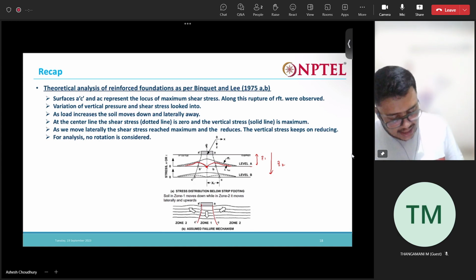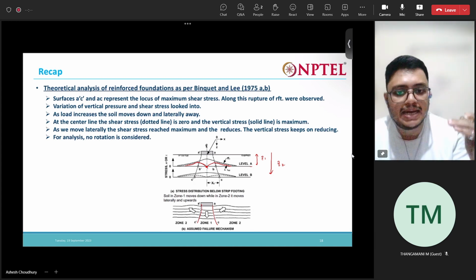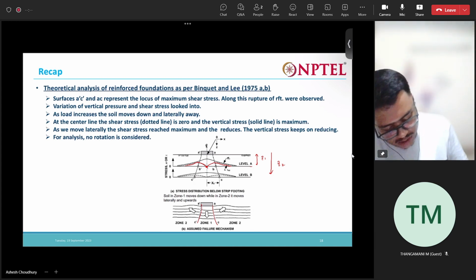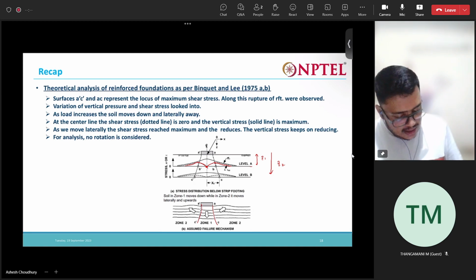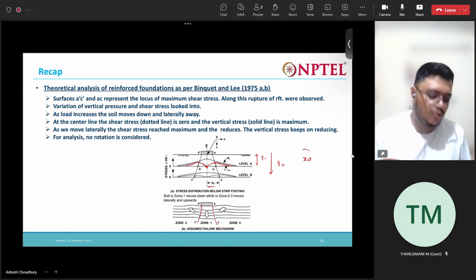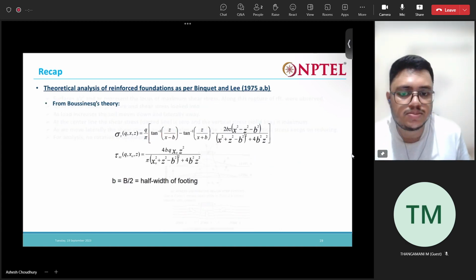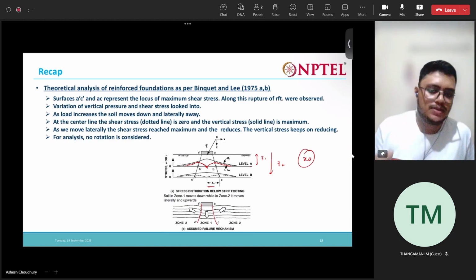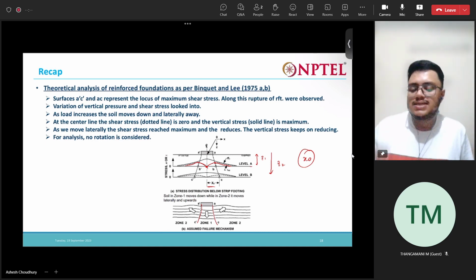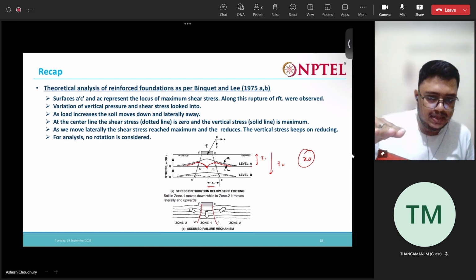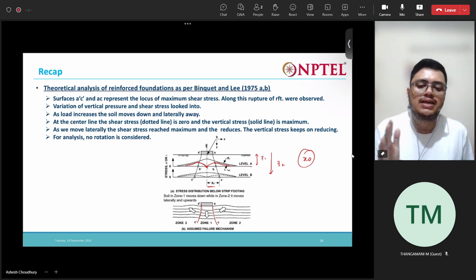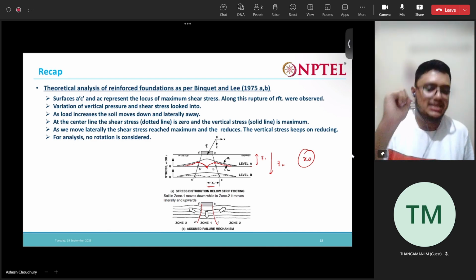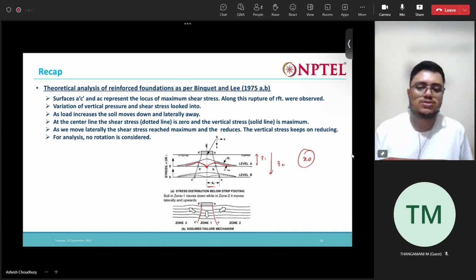Remember this: at any depth z, the point at which the shear stress is maximum is given by this distance x naught. x naught is the horizontal distance from the center line where the shear stress is maximum.